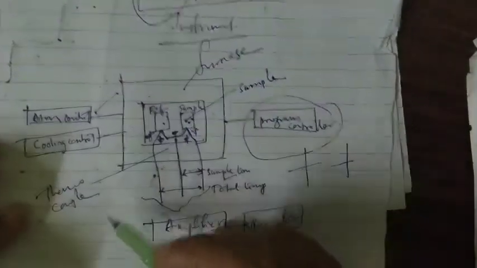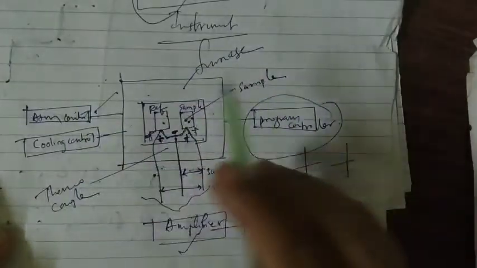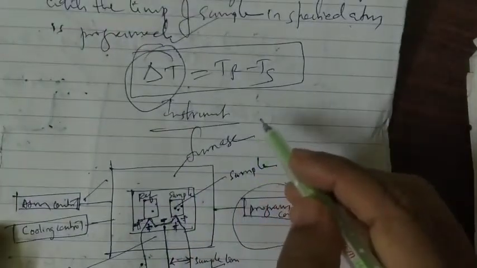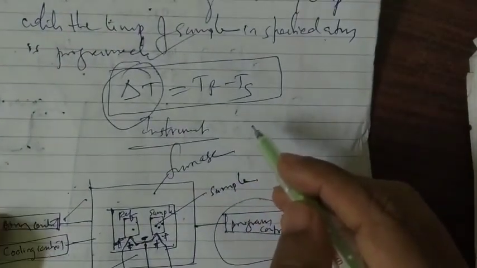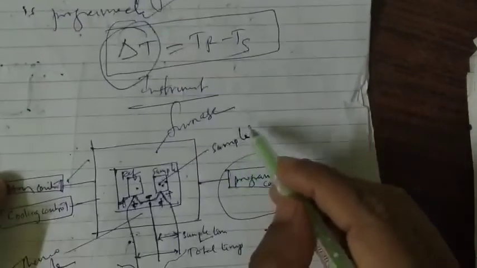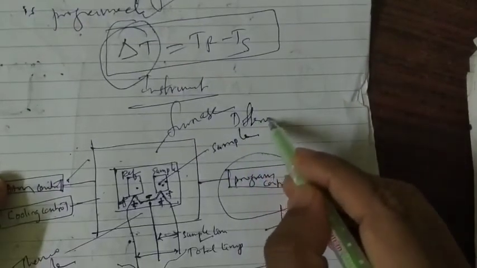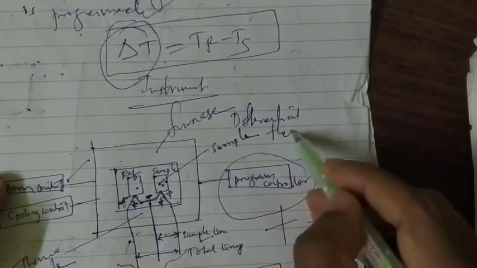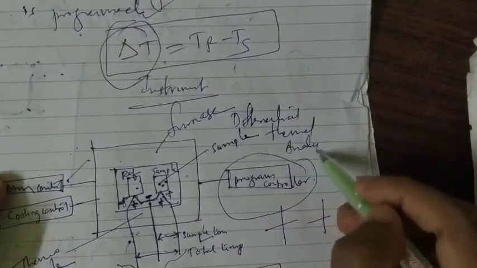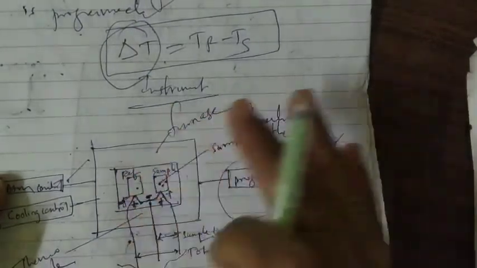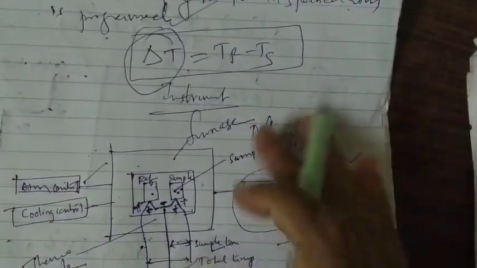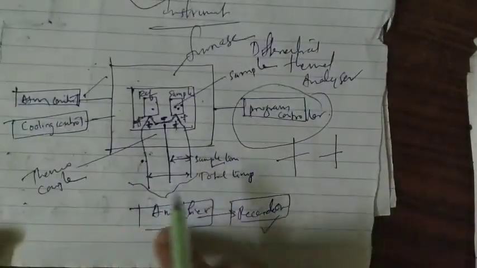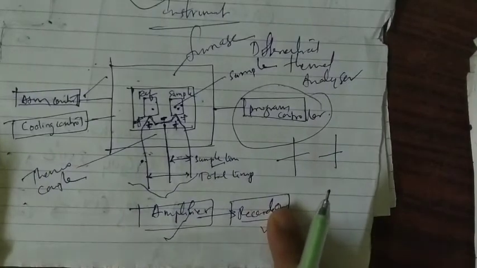So this total is the design of the DTA instrument, which is known as the differential thermal analyzer. This is the total instrument setup. Finally, this is connected to the amplifier, and it is recorded here.